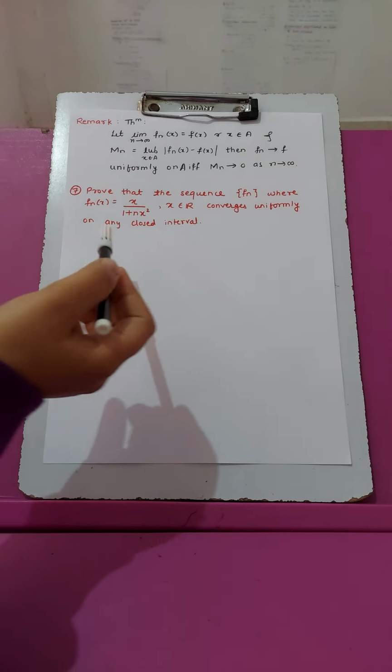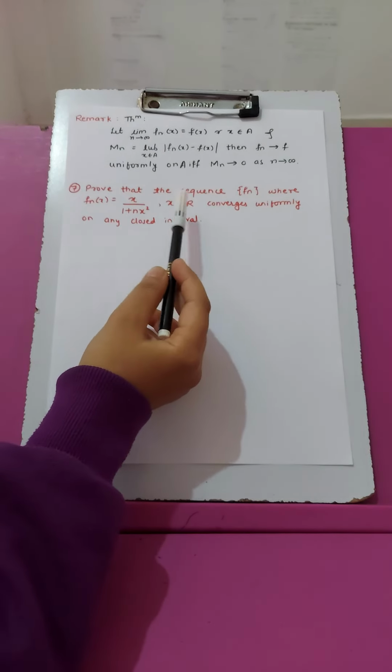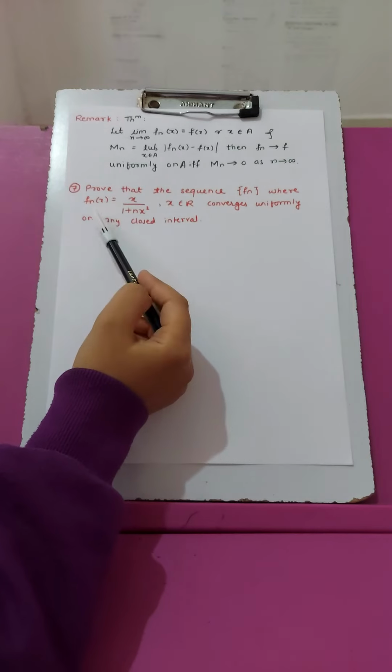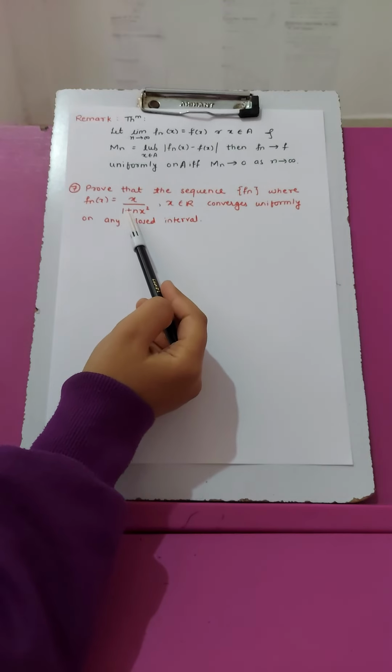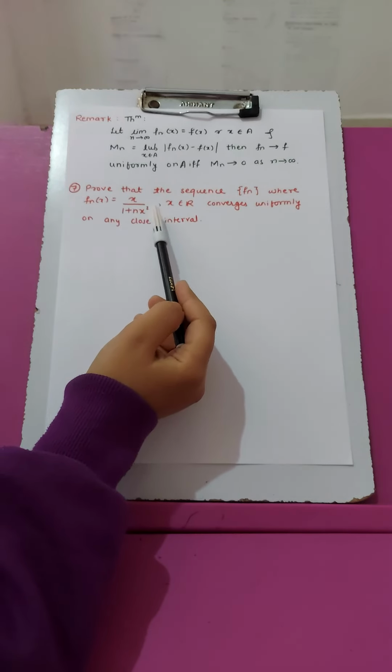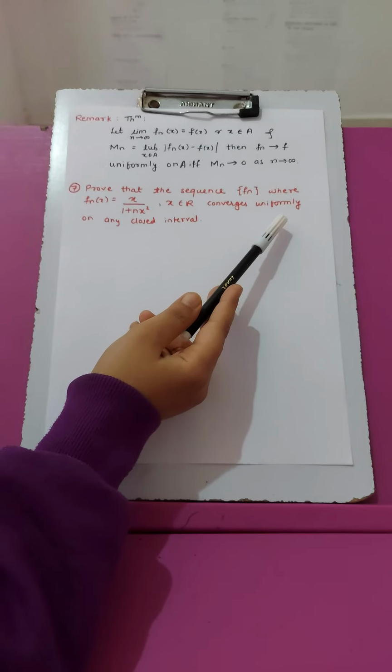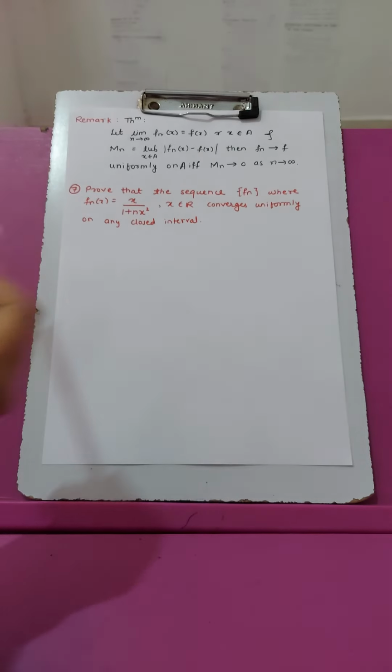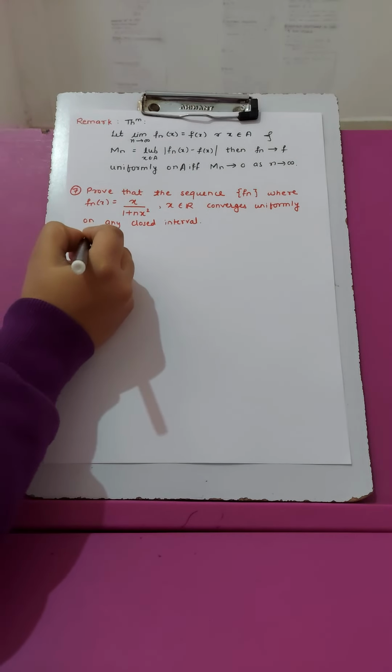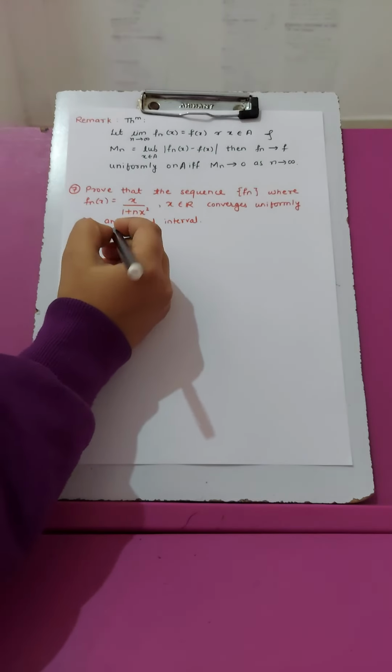So in the first example we have to prove that the sequence fn, where fn of x is equal to x upon 1 plus n x square for x belongs to R, converges uniformly on any closed interval. So we'll start the solution, or proof, you can say.